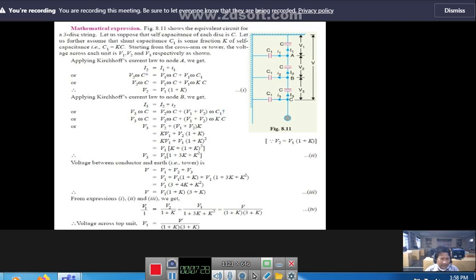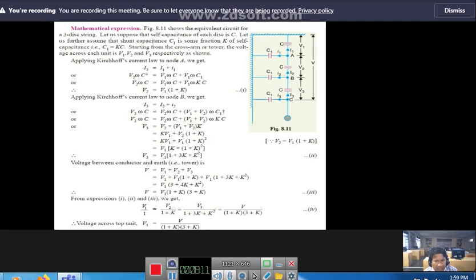We know the charging current, which we already discussed in the second unit on performance of transmission lines. The formula for charging current is V by XC, where XC is 1 by omega C, that is 2 pi f C. So the charging current is V1 omega C. I2 is V2 omega C, I1 is V1 omega C, plus small i1, the charging current in the shunt capacitance C1, which is V1 omega C1.